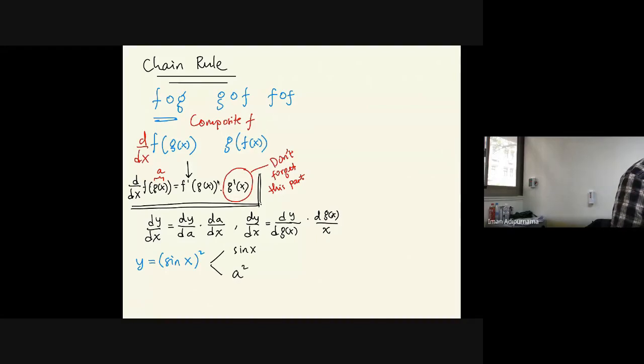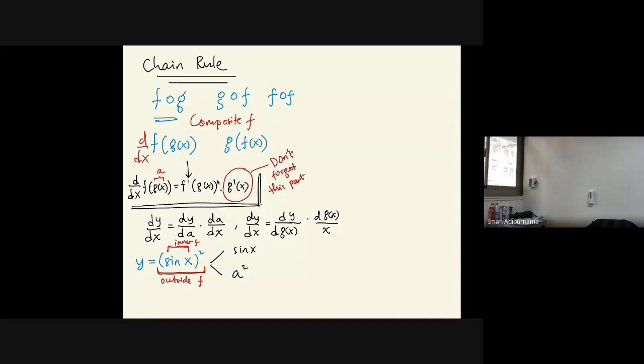Okay, you have two functions. So the first function is sine x, which is the inside, and then the outside function is a squared. So you can think of this red color here as your outside function, and this one is the inner function. You can also think of it like outside and inner function.